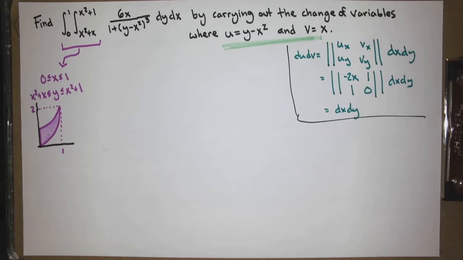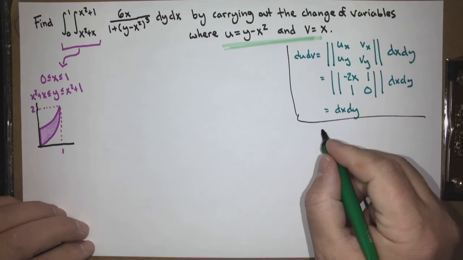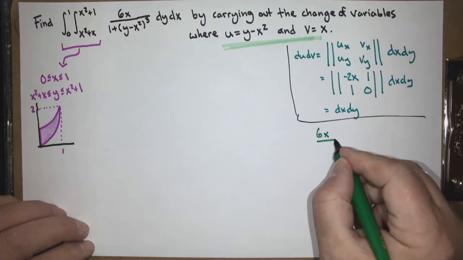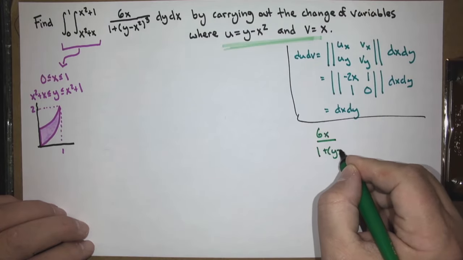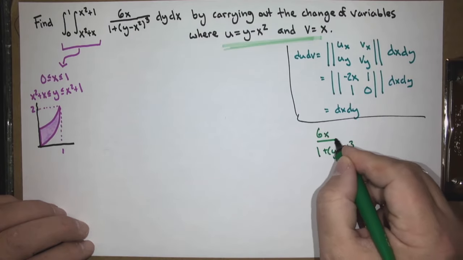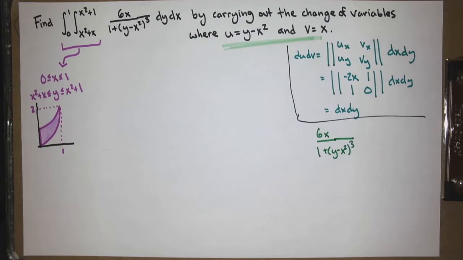Next up, let's do the function. Okay, so for our function, we write it down. We have 6x over 1 plus y minus x squared cubed. That's the function. And we look at this and say, all right, we need to rewrite this in terms of u and v. We know what u is. We know what v is.